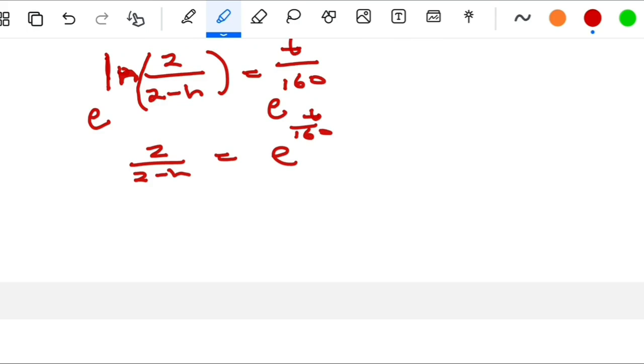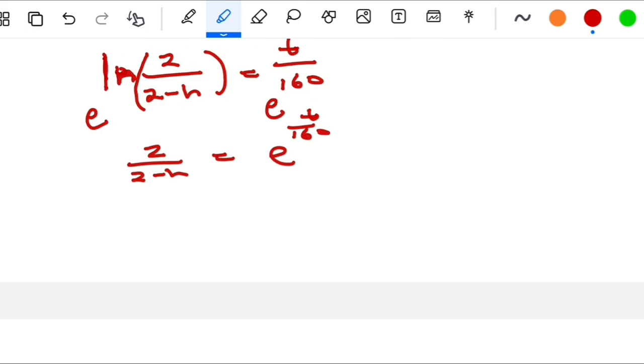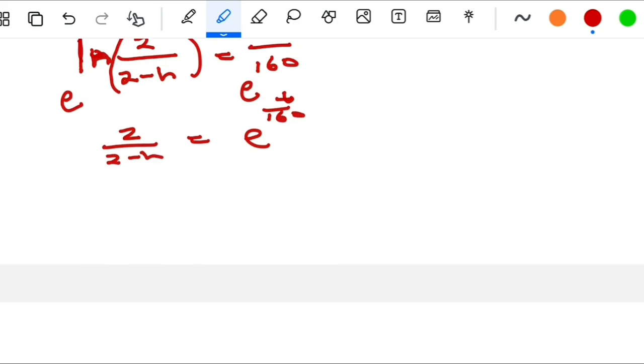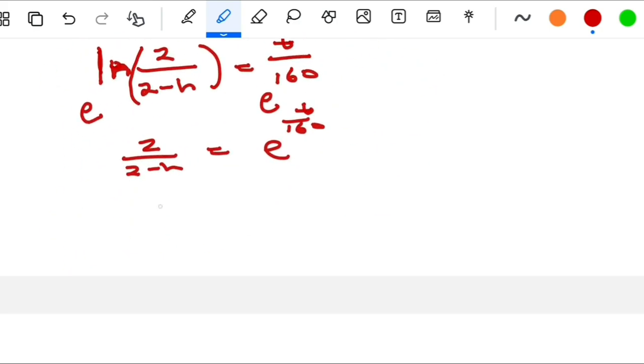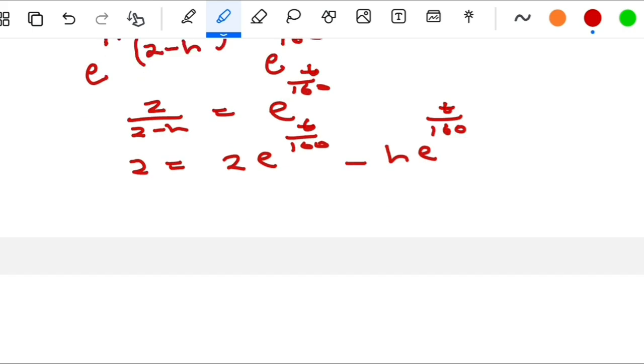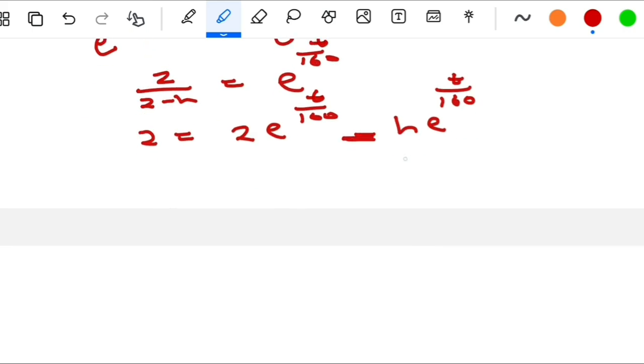Now we want to make h the subject of the formula, so we can multiply both sides by 2 minus h. So it's going to be 2 equals 2e to the power t over 160 minus h e to the power t over 160. Now we can divide everything by the negative e to the power t over 160.